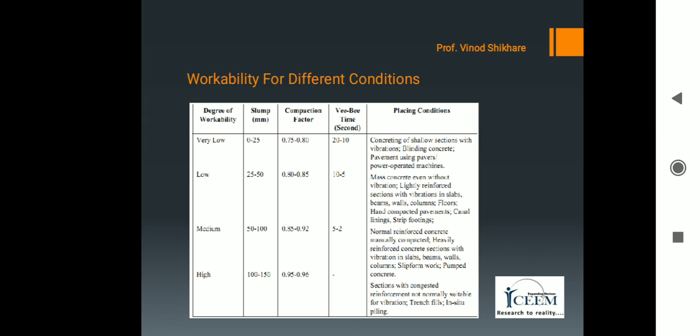Such kind of concrete is used in sections with congested reinforcement, not normally suitable for vibrations, trench fill, in situ piling. These are the workabilities for different conditions according to the value in each test, that is slump cone, compaction factor and VB consistometer. The time is given in the test.